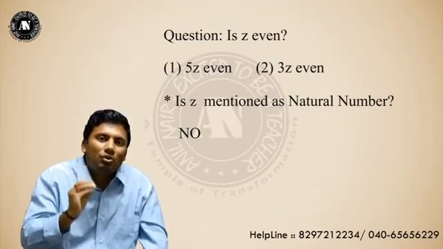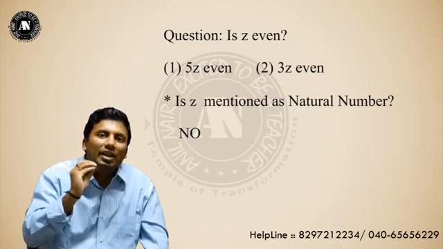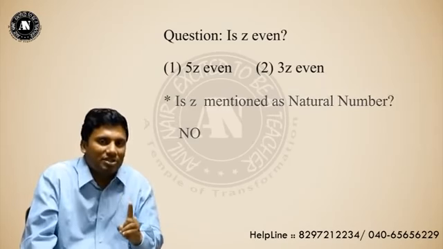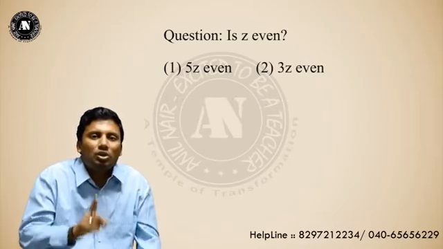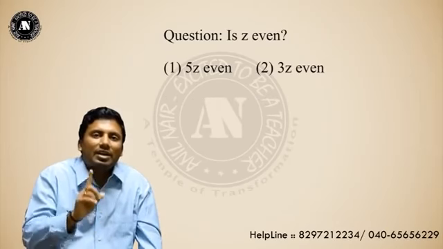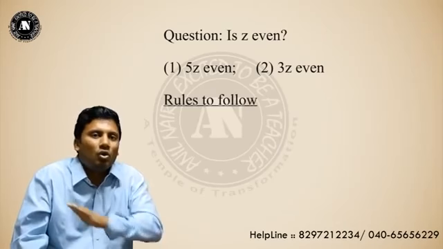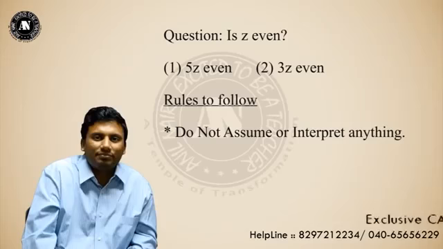Why are you assuming Z to be a natural number? Is it mentioned in the question? No. The first rule to solve a data sufficiency question is no assumptions.